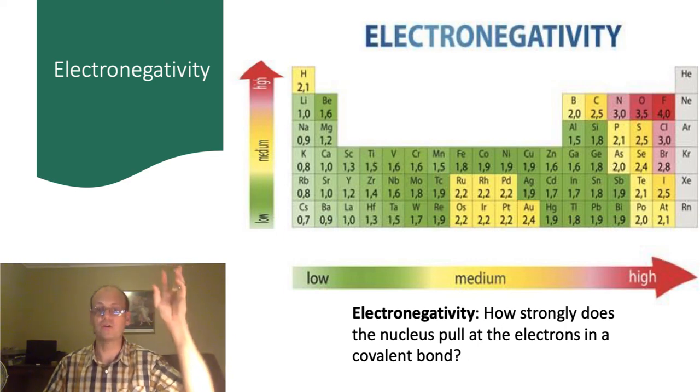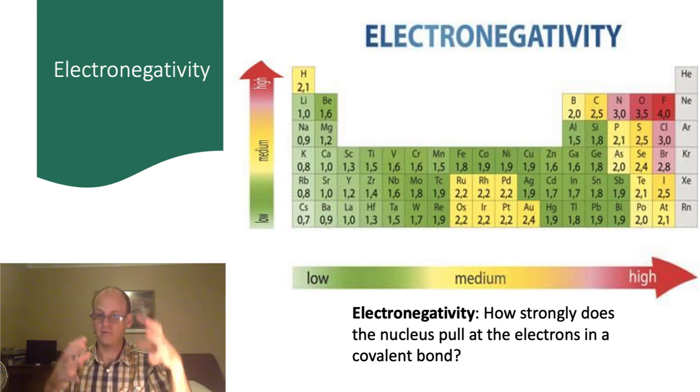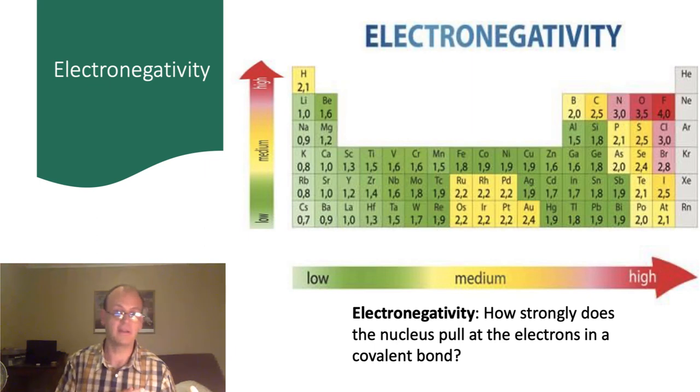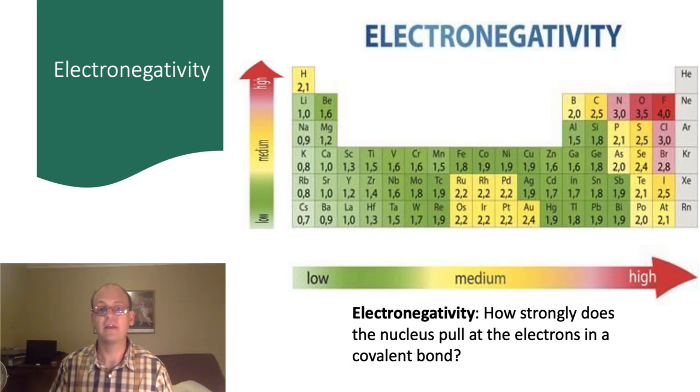At the top of each group, the atoms are smaller and have electrons closer to the nucleus. Further down the group, the atoms are larger and the valence electrons are further from the nucleus. Similarly, as you go from left to right across the periodic table, you get atoms that have more protons in the nucleus.